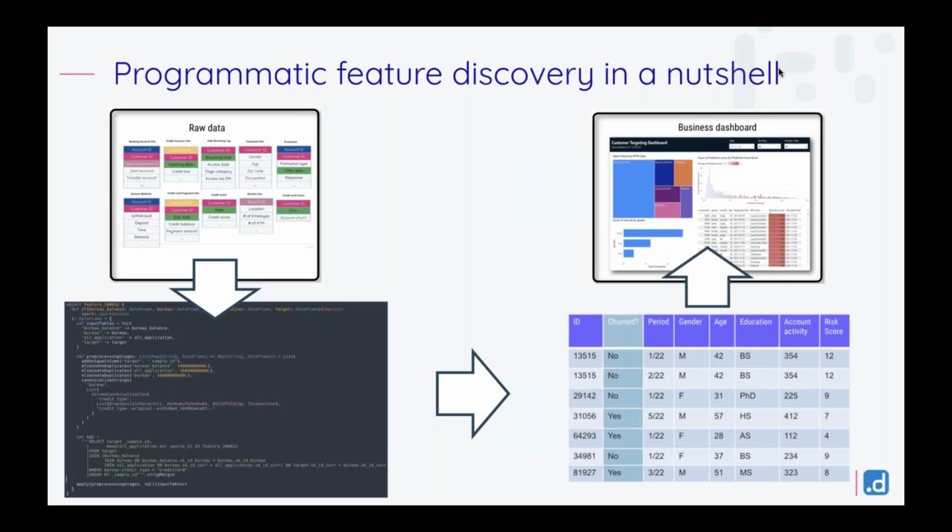And on top of that, we can apply our domain knowledge. So this is a very different way of doing feature engineering compared to how I described it in the earlier part of feature engineering, in the first part of the presentation.